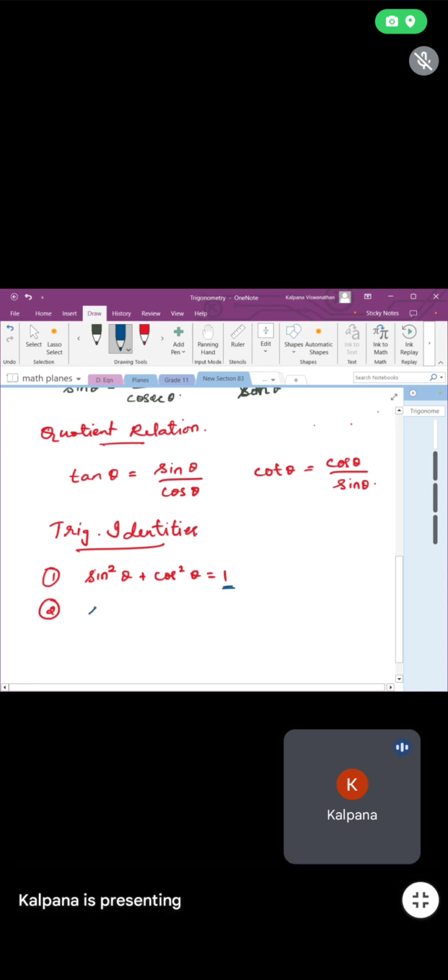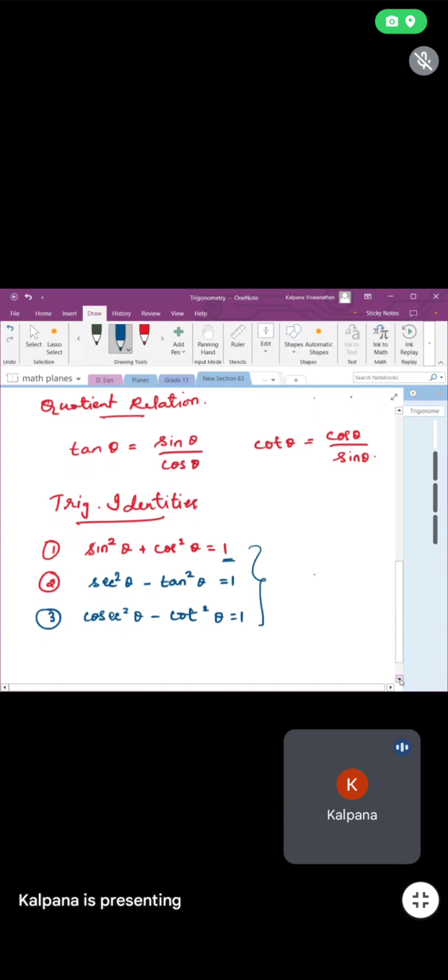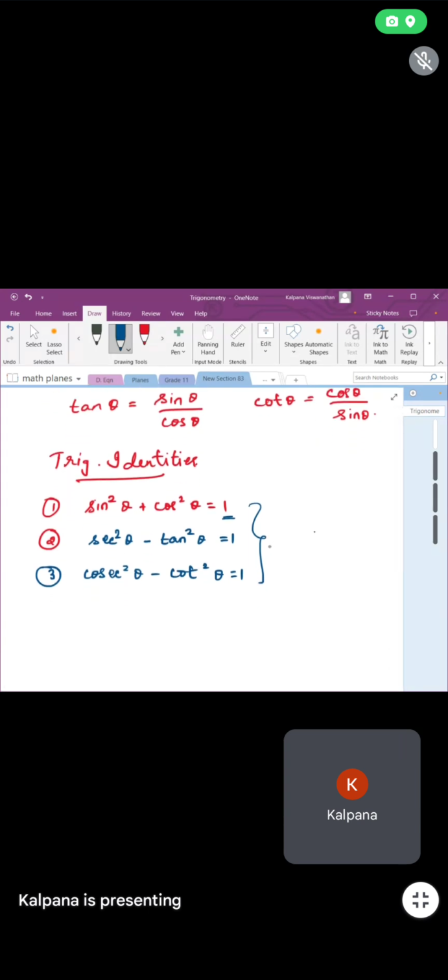Secant square theta minus tan square theta is equal to 1. The third one is cosecant square theta minus cot square theta is equal to 1. If you learn it this way, which gives us 1, we can modify the formula in whatever terms we require. So these are the 3 basic formulas.